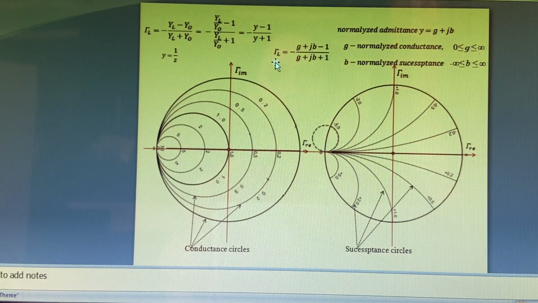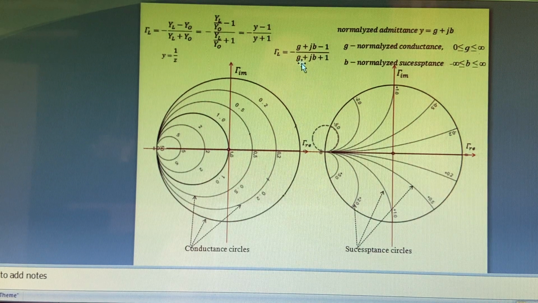As the value of G or B changes, the reflection coefficient changes. Similar to the impedance discussion, tau L can be written in terms of its imaginary and real parts. Rearranging this equation and separating the real and imaginary terms, we can show the conductance related to the real and imaginary terms of the reflection coefficient through a circle equation.